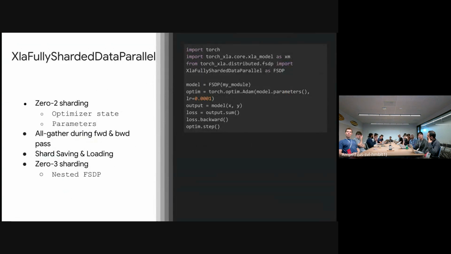So with what we call the user mode FSDP or XLA FSDP, this was the first approach that we added to the PyTorch XLA library, which basically allowed people to scale to really, really large model sizes using the XLA FSDP technique. There was really no limit, and there's a blog post that we also published which showed results up to a 256 billion parameter model, which could be trained, again leveraging the same technique that each rank is holding only the shard of weights.